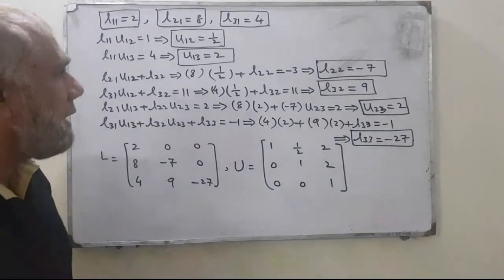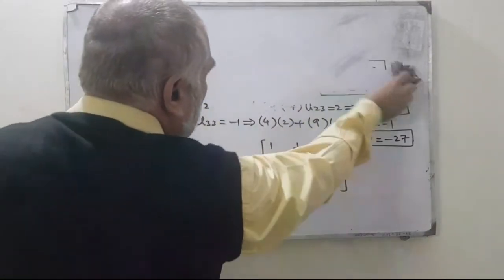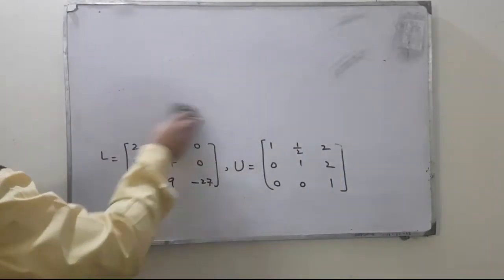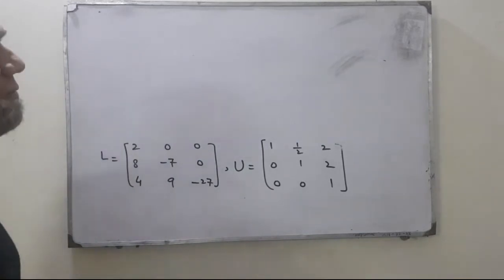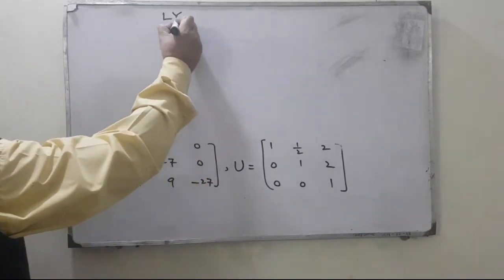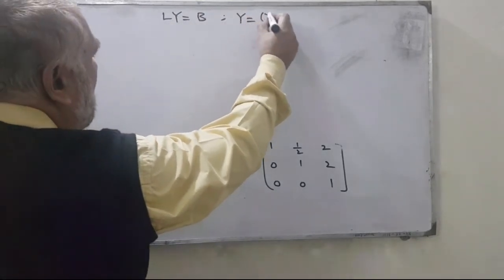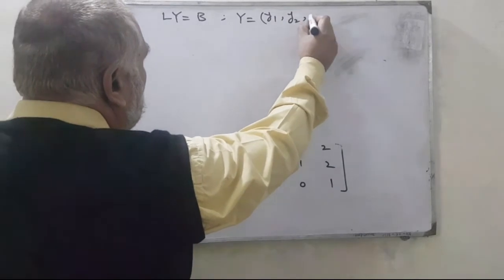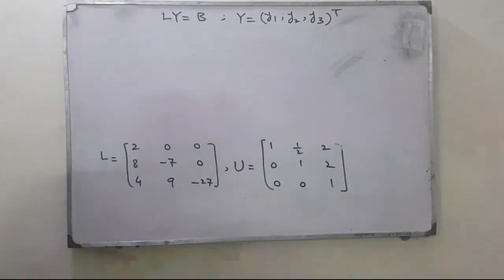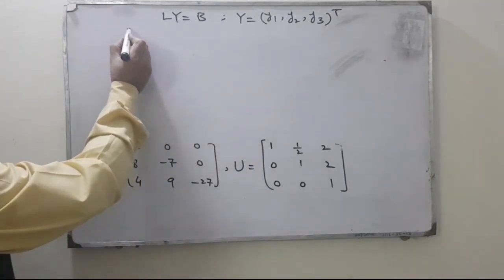After finding L and U, the next step of the algorithm is to calculate Y. Now we go into the calculation for Y. There we have to use the step where L times Y is equal to B. So you have to define what Y is here. Y is a column vector containing as many elements as there are unknowns in your system of linear equations.